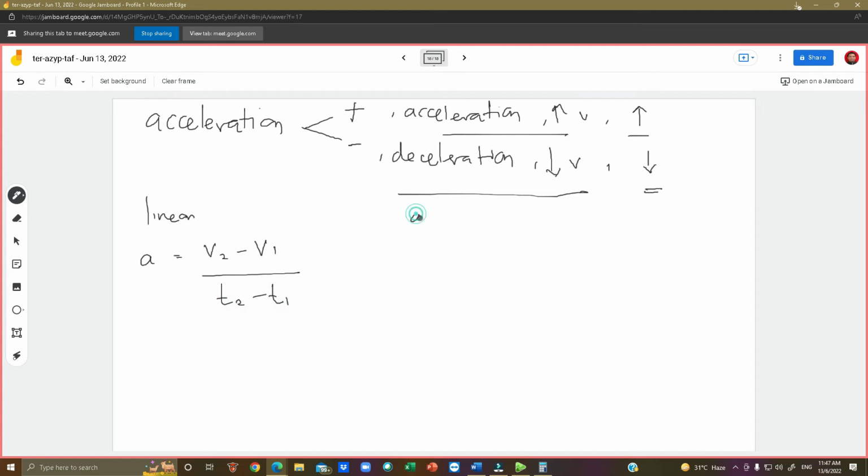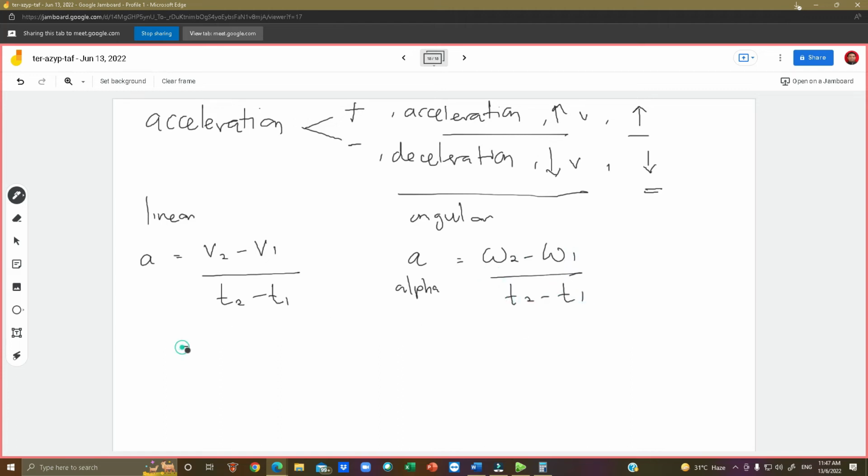While angular acceleration, dia macam A tapi dia ada echo sikit. This is known as alpha equals to linear velocity V, angular velocity omega. Jadi equals dia ialah omega 2 minus omega 1 over T2 minus T1.